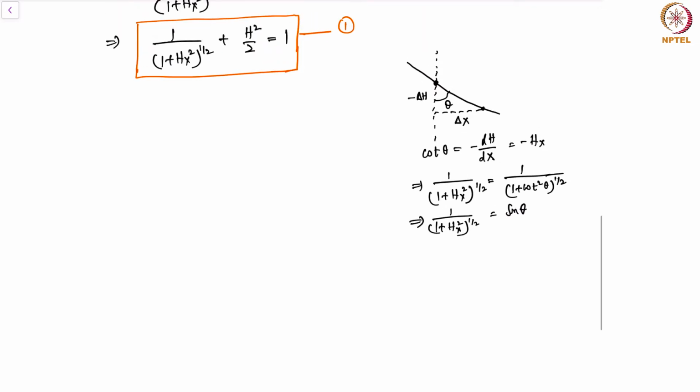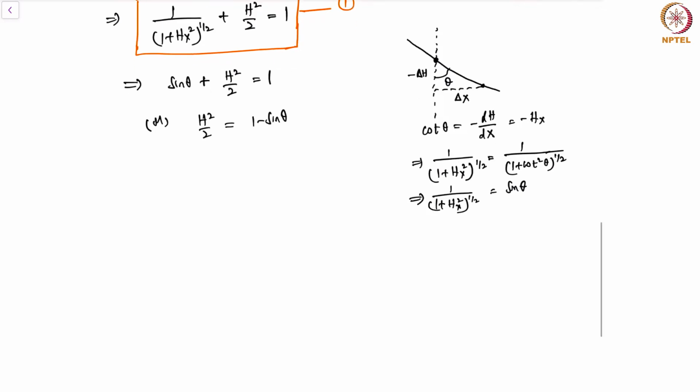And so I can also write this expression as sine theta plus h square over 2 is equal to 1, or h square over 2 is 1 minus sine theta, and this implies h becomes square root of 2 into 1 minus sine theta.